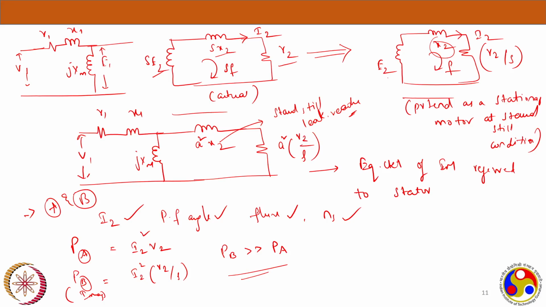So how can someone explain this? In your actual machine you have only a smaller amount of active power, so why do you get so much in this fictitious motor? Everything is balanced: mmf, current, power factor angle, flux, but active power is not balanced.